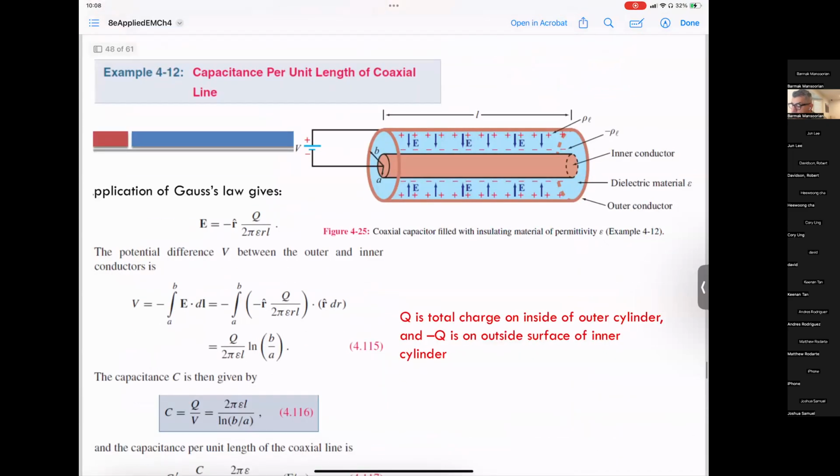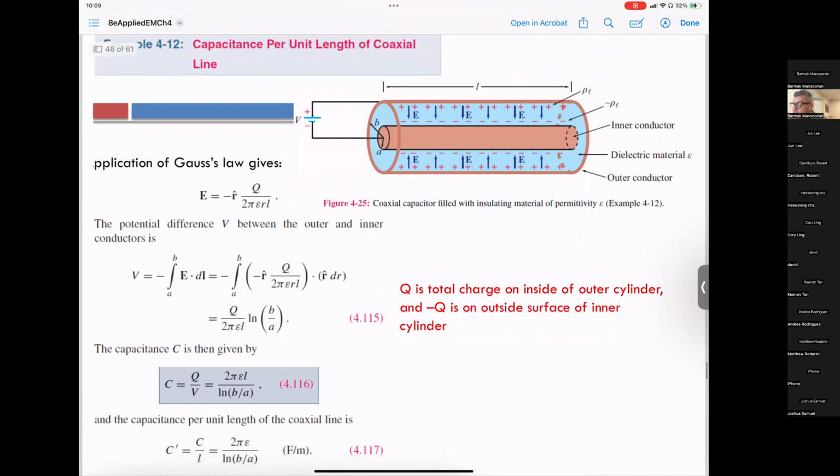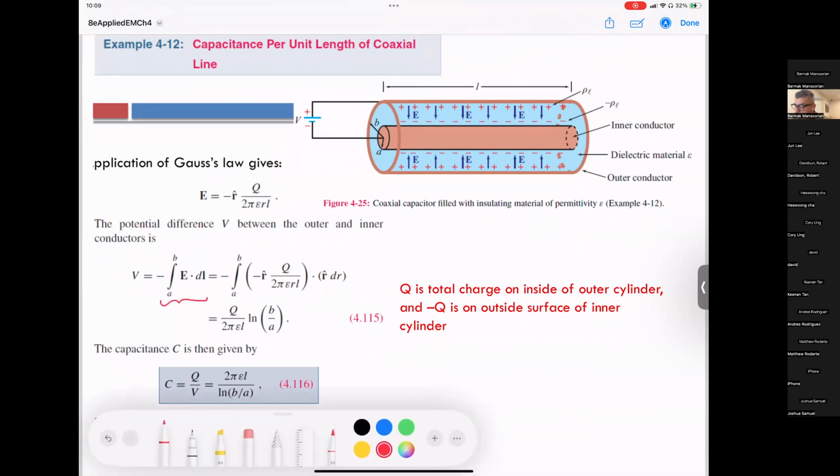And then if you have a coax cable, it's a little bit more complicated, but not much more, because to calculate the capacitance, basically you're doing the same thing. In this case, the calculation of the voltage with the electric field ends up being a little bit more complicated, but again, not much, because the electric field is uniformly cylindrically distributed.